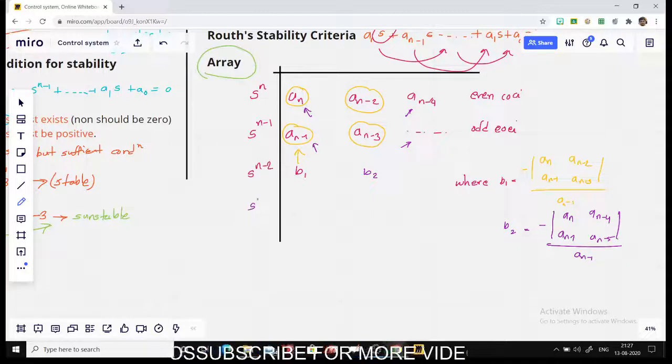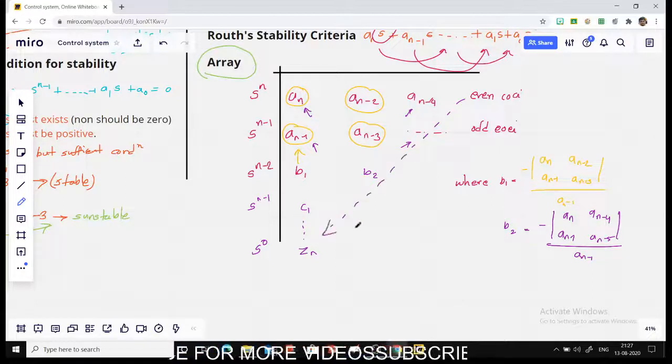Then you have s raised to n minus 3. You can find c1 using this b1 and these figures similarly, and this will continue till s raised to 0. Okay, so you will get some value of z_n. And remember, this is not a perfect array, this is a reducing array.